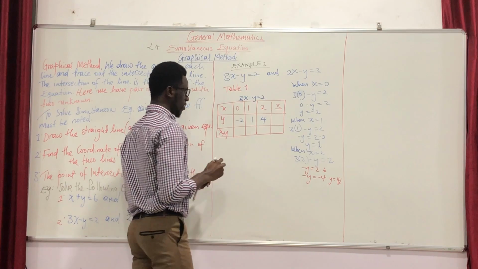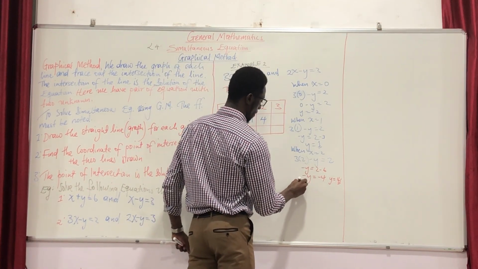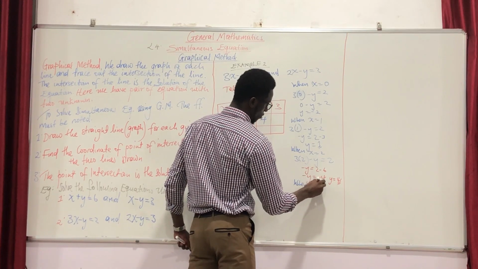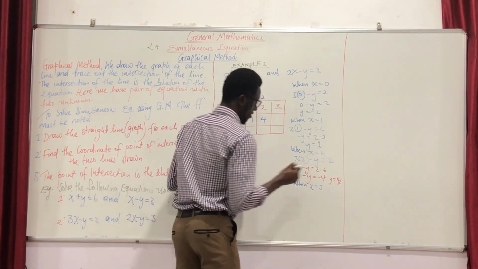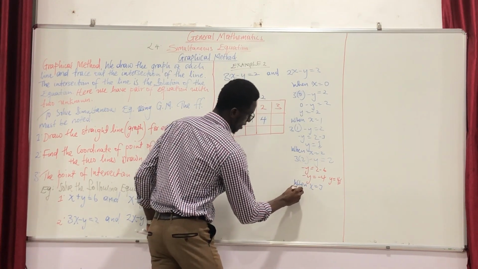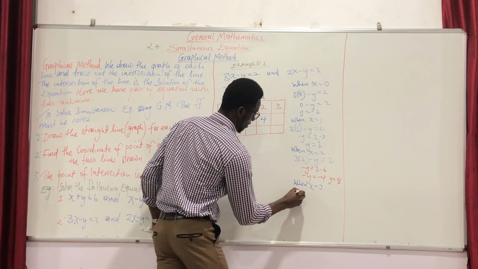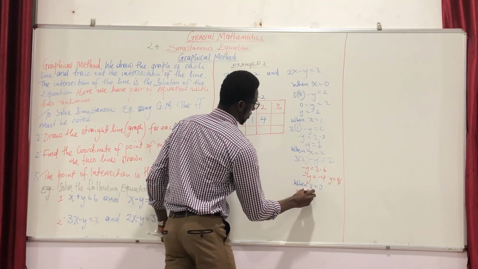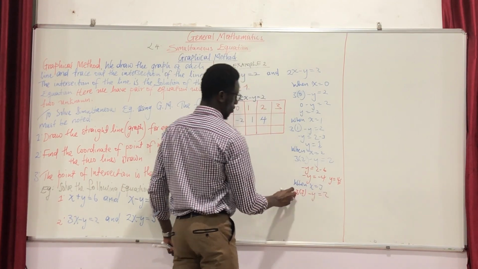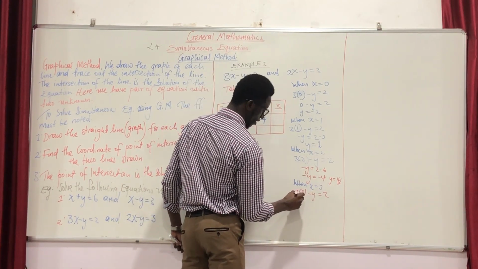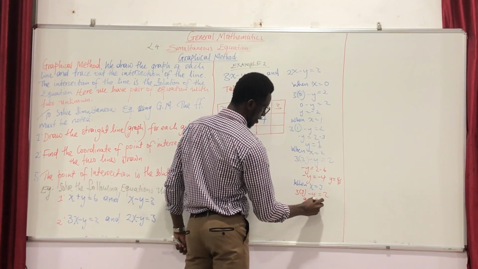When x equals 3, what will be our y? We say 3 into 3 minus y equals 2. 3 times 3 is 9, so 9 minus y equals 2.